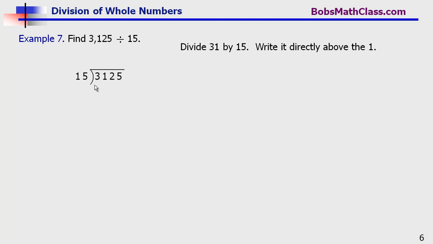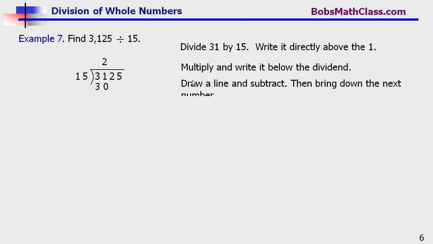So how many times does 15 go into 31? It goes twice. Now, what you might want to do, multiply it and write it below the dividend, 30. Now we're going to draw a line and subtract, and then bring down the next number. So 31 minus 30 is 1. Bring down the 2. Now 15 into 12.